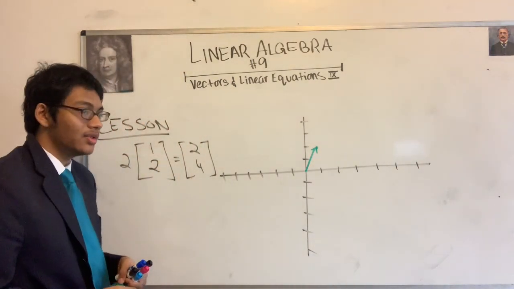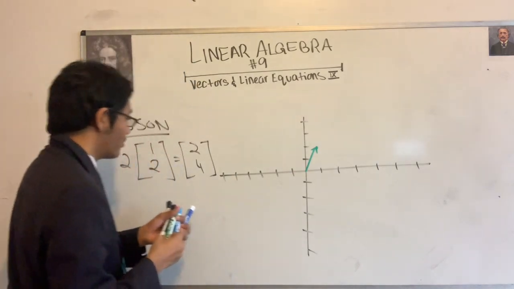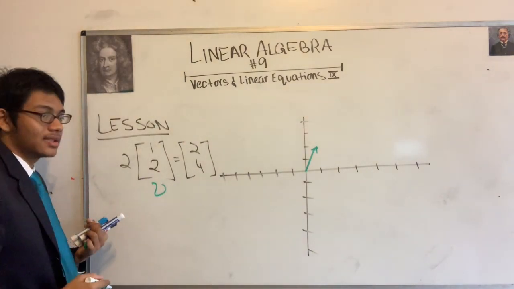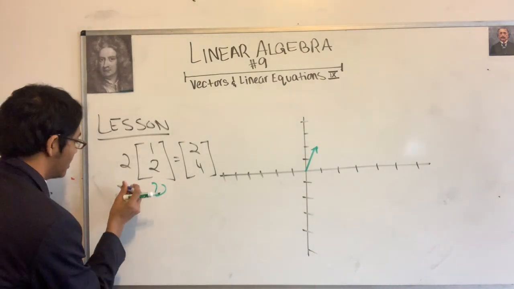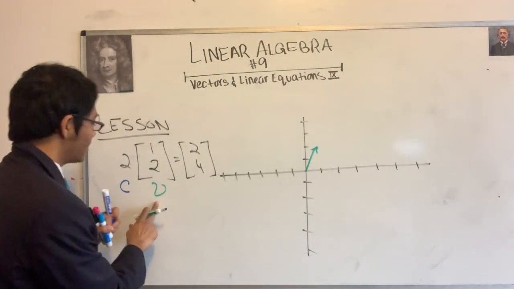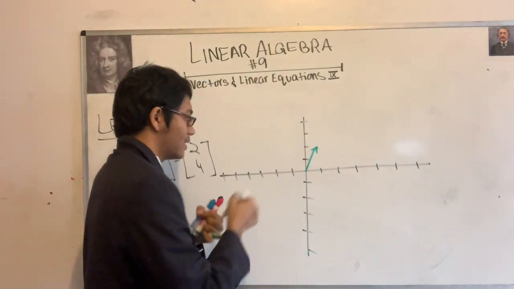When I multiply it by 2, I'm essentially doubling the size of my original vector. So let's call my original vector v, and let's call this scalar, I don't know, we'll call it c for constant. So when I multiply my vector v by c, it gets c times larger.